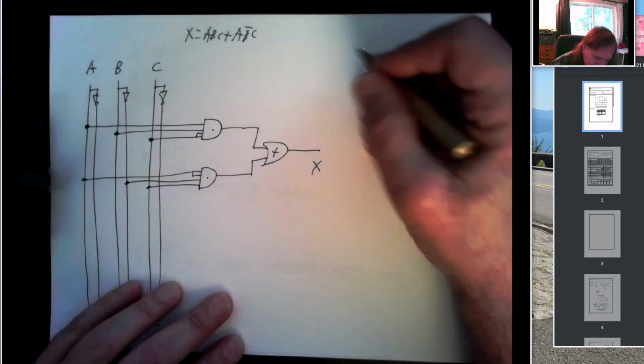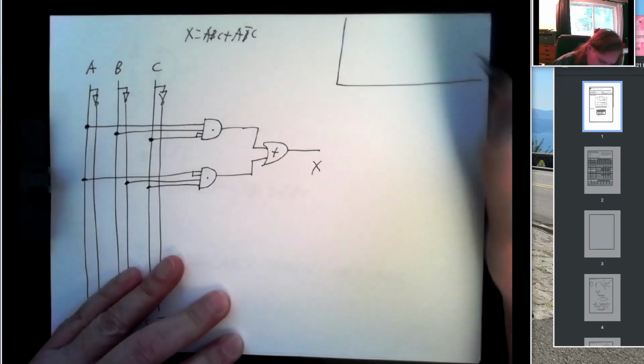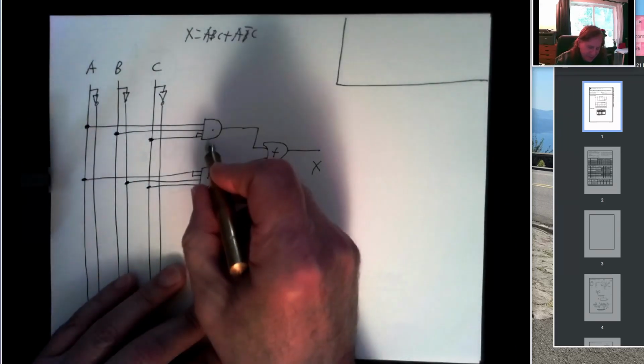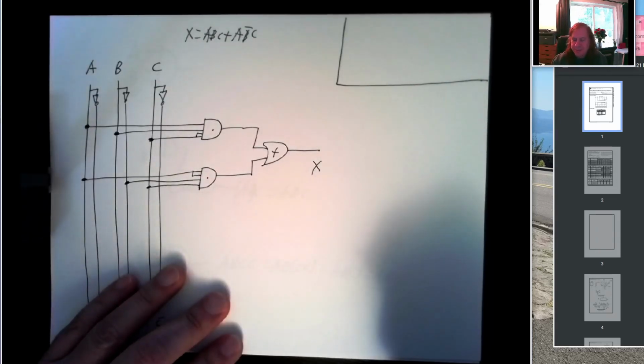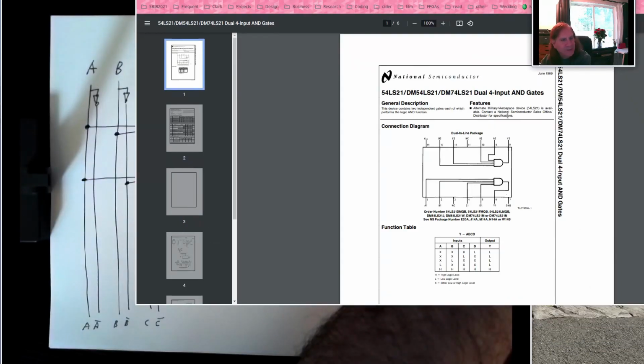So the next thing we need to put on our schematic is something called a component ID block. And the idea is each of these chips, each of these gates is going to come from some sort of physical chip. So I have a 74LS21, that's a dual 4-input AND gate.